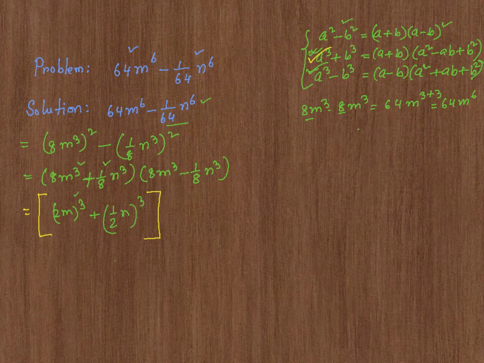Similarly, I could look at the second one and do the same thing. It's going to be 2m whole cube minus 1 over 2n whole cube.